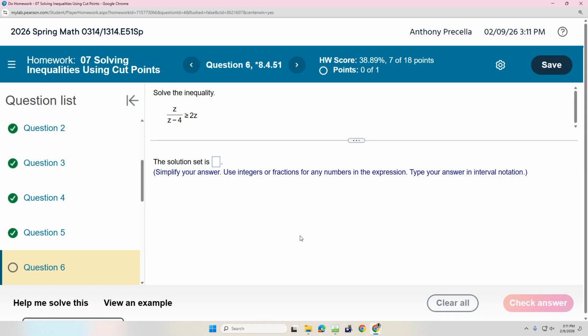Z divided by Z minus 4 is greater than or equal to 2Z. Years ago, I had to do a review for this book, and I remember saying, oh, replace those Z's with an X.